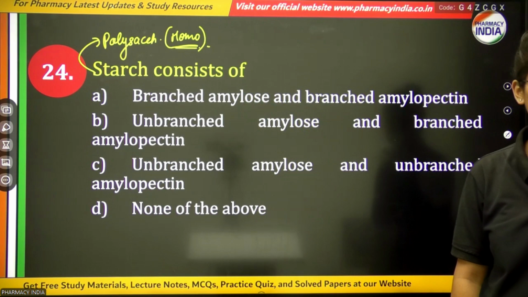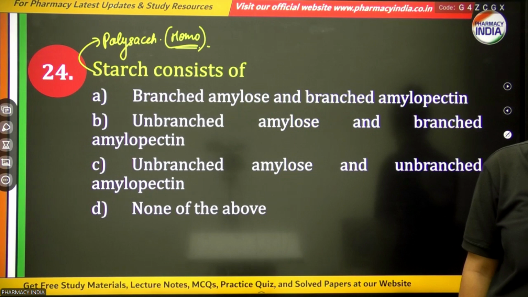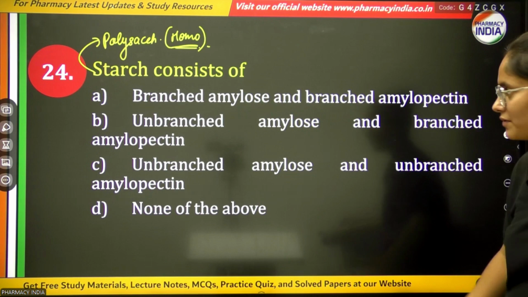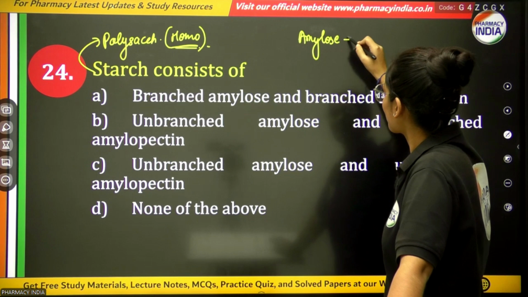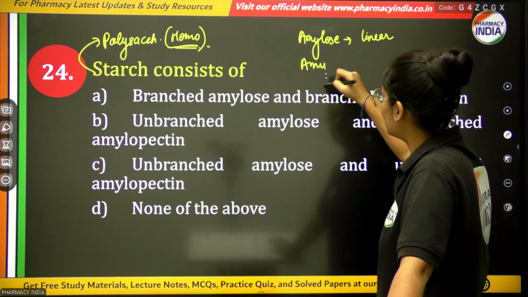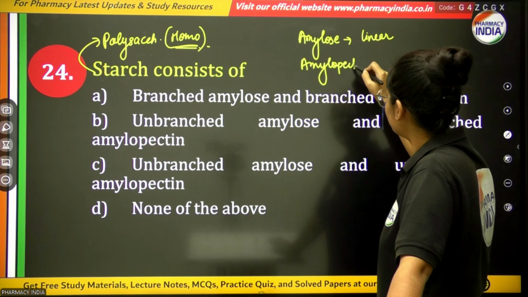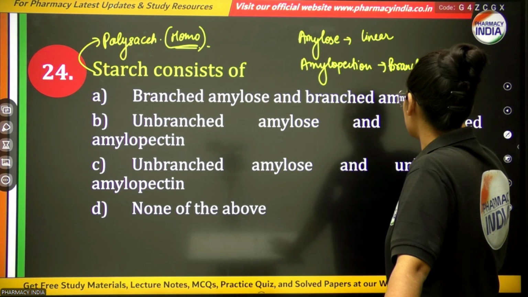Basically, the forms of glucose occur in two types, amylose and amylopectin, from which amylose is a linear structure, and amylopectin is a branched structure. Clear?